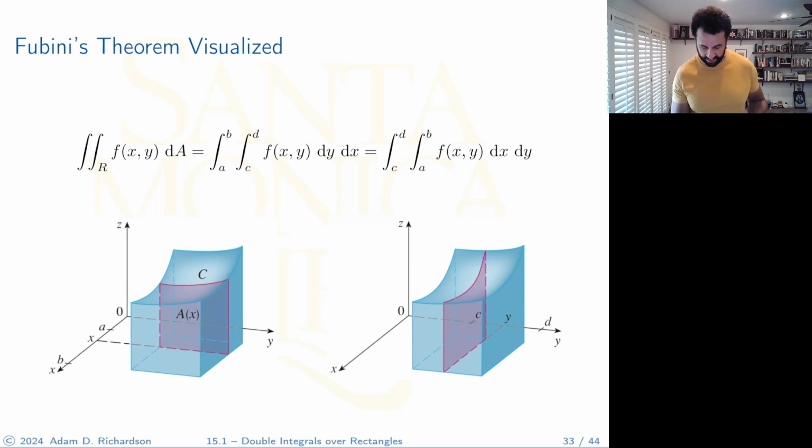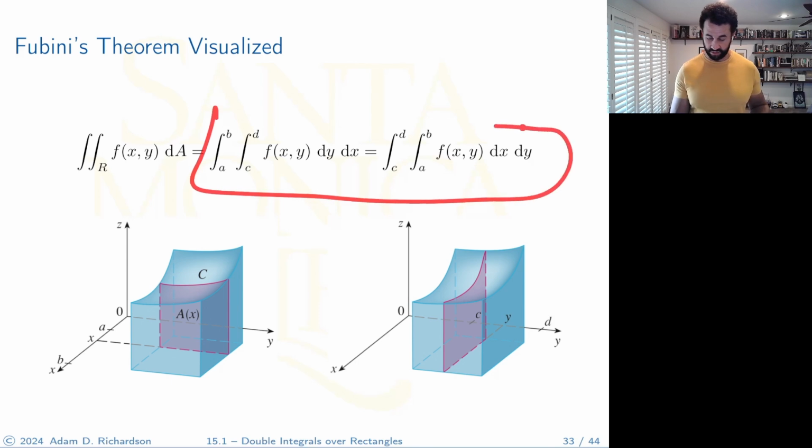Here we integrated with respect to y first, and then for each one of these, we get a slice, and that slice has a certain area. Now what we're going to do is add up all the slices as x goes from a to b. Fubini's theorem says you could slice it this way first and then add up the slices, or you could slice it this way first and then add up the slices. Either way, you will get the same result.